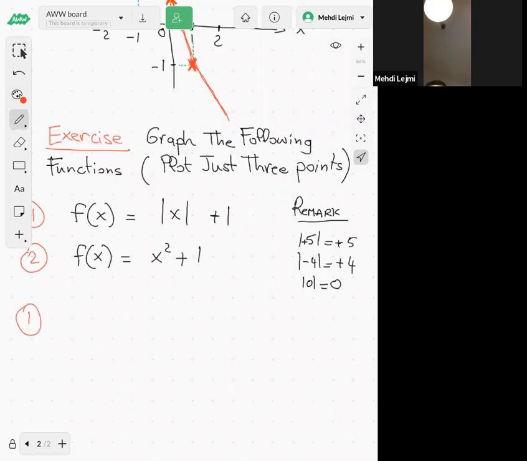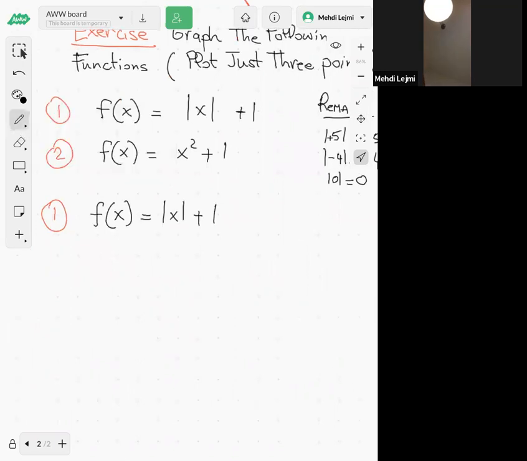So let me go over the first function, f of x equal to absolute value of x plus 1. As I said, just take a couple of values of x. Here's my input x, and here's my output y, which by definition is equal to f of x.